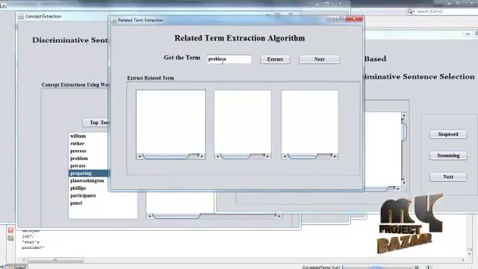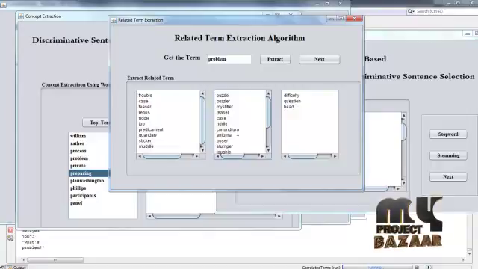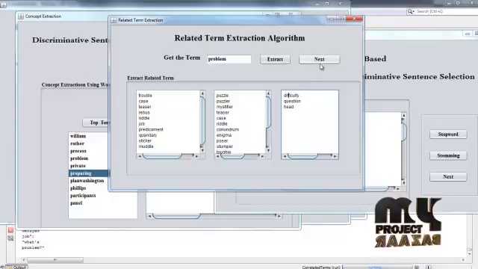Next is the related term extraction algorithm. I chose the word problem, and I can extract similar results for that word. Up to this, the correlated term function is performed to define the correlated terms.